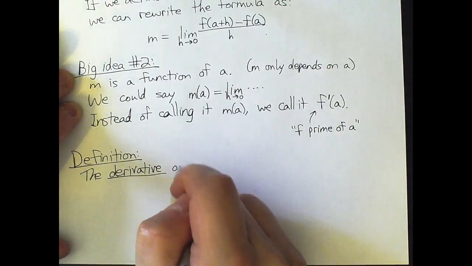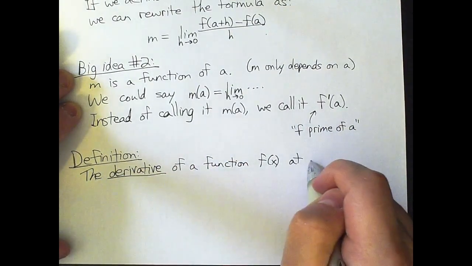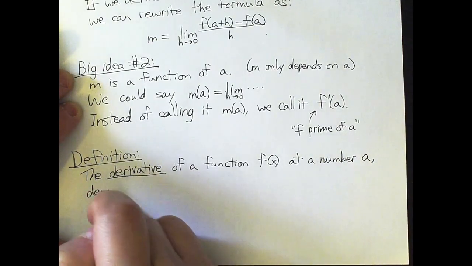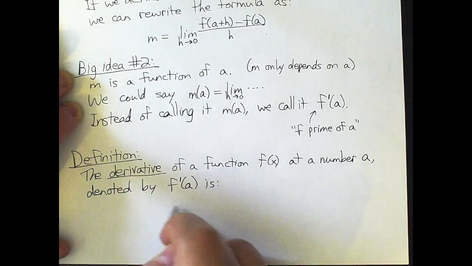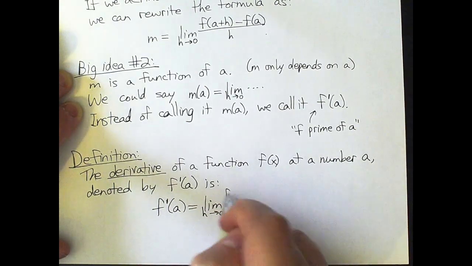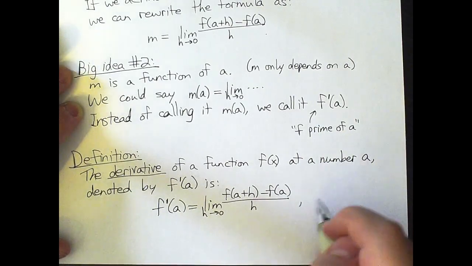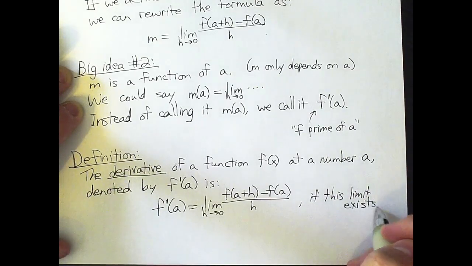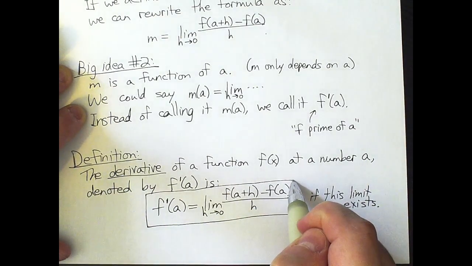The derivative of a function f of x at a number a, denoted by f prime of a, is f prime of a equals the limit as h goes to 0 of f of a plus h minus f of a, all of that over h. And I'll say if this limit exists. I mentioned earlier that sometimes slope does not exist. So this is the definition of the derivative of a function at a number a.